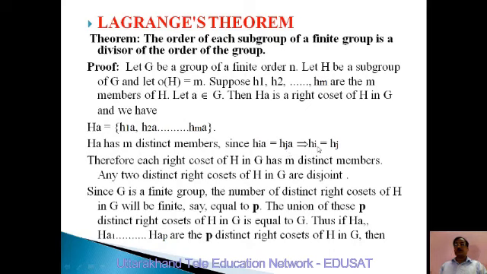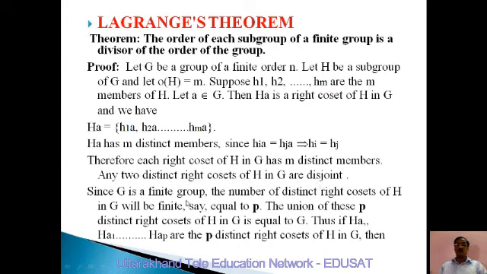This implies Ha_i equals Ha_j. Therefore, each right coset of H in G has m distinct members. Any two distinct right cosets of H in G are disjoint, as we know from the last result.